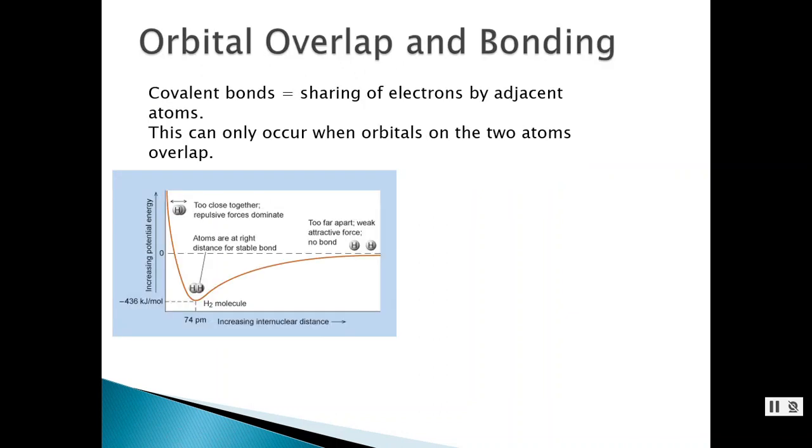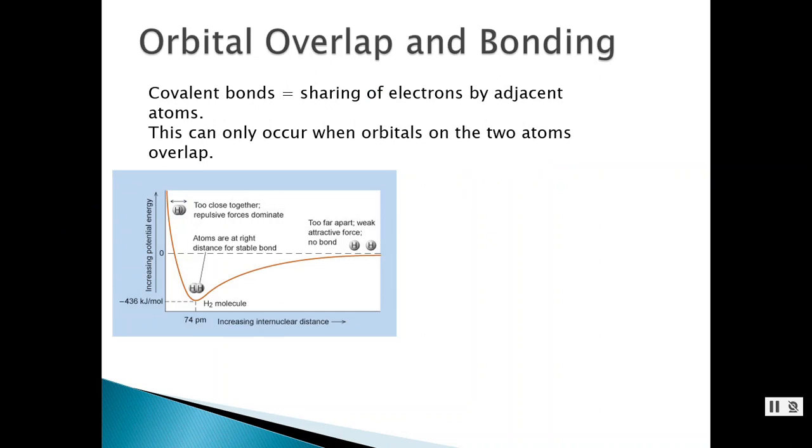So when we think about bonding, specifically covalent bonding with regards to orbitals, we can think about that bonding occurring due to the sharing of valence electrons. We talked about that in Chapter 8 with Lewis dot structures.